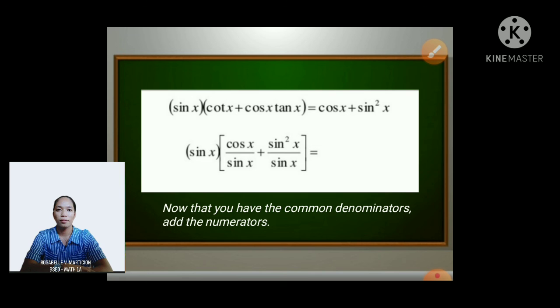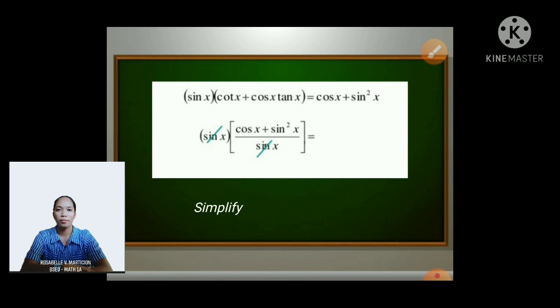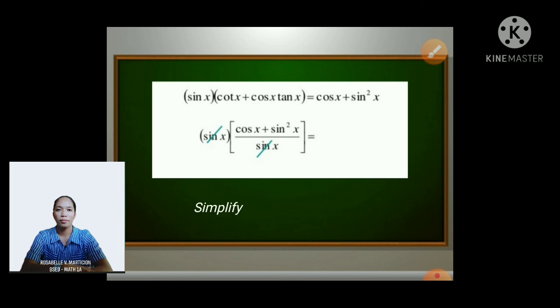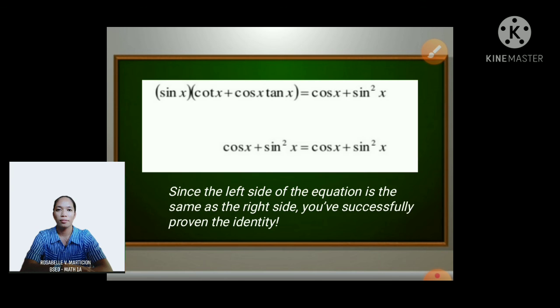Now that you have the common denominator, we add the numerators: cos x plus sin squared x over sin x. Copy the denominator. So sin x multiplied by cos x plus sin squared x over sin x. Simplify, cancel out sin x. What remains is cos x plus sin squared x.